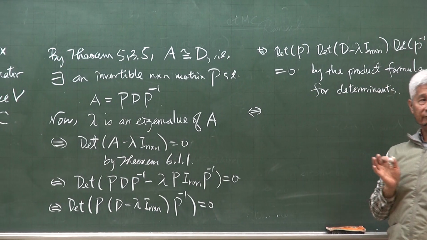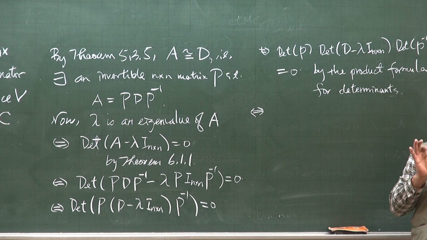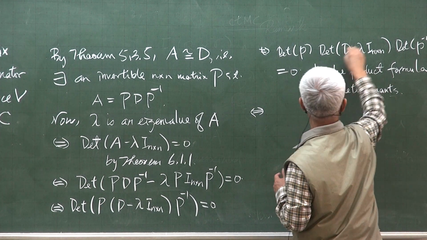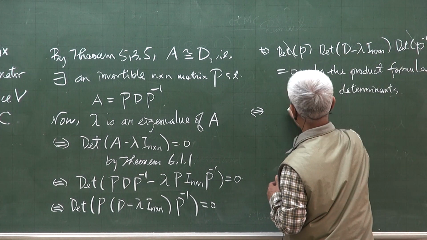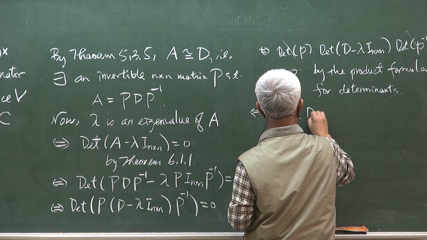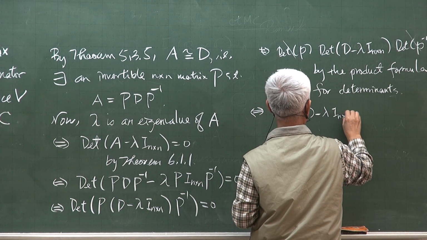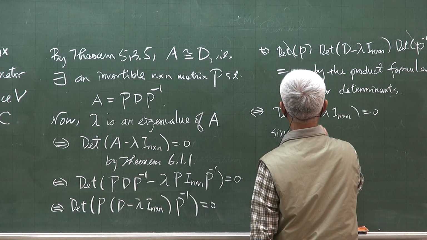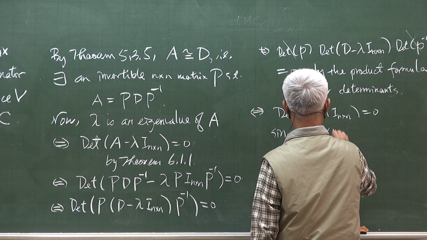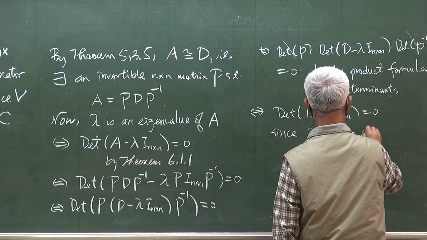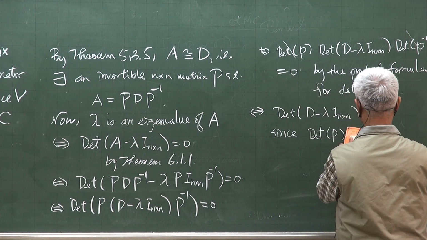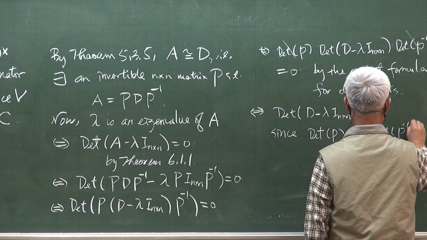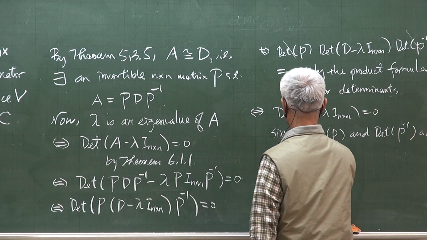Because P is invertible, the determinant of P is non-zero. Okay, so now we can cancel them.